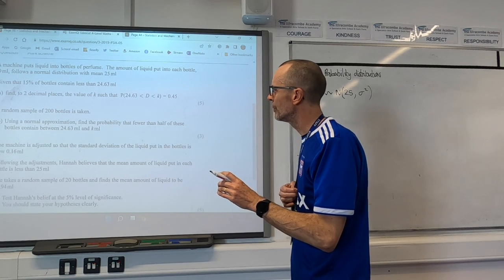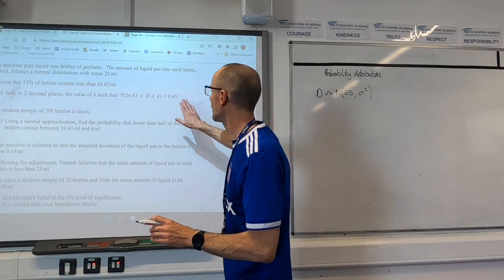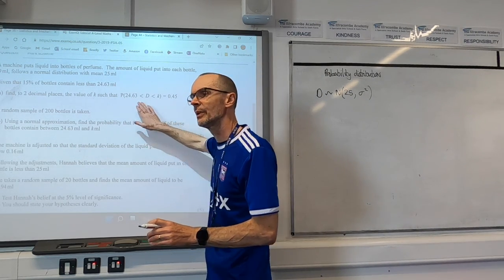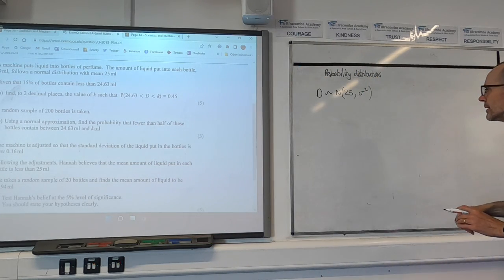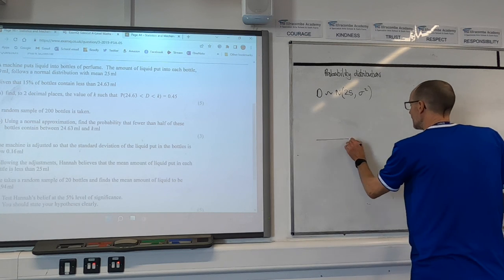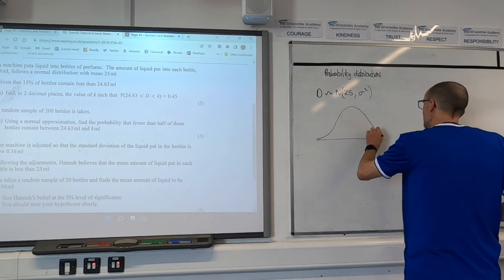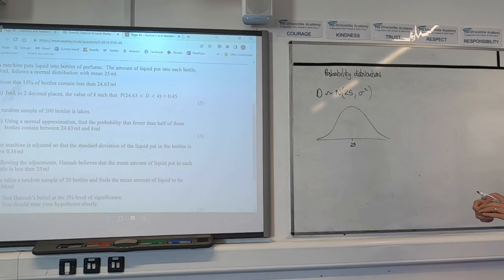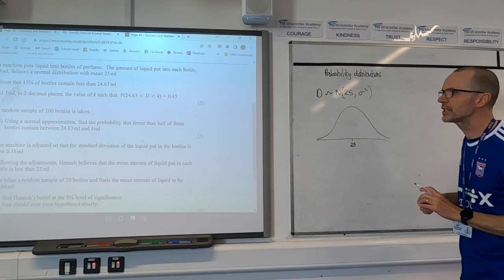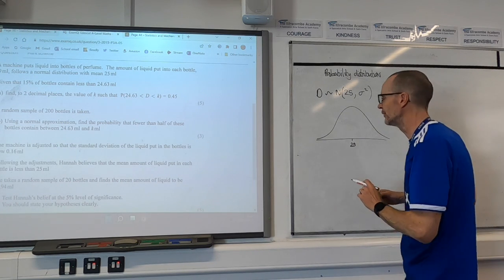But we need the standard deviation in order to answer an inverse question like this one. So we've got to work out the standard deviation. So this is the probability distribution for this one. And we're told that 15% of the bottles contain less than 24.63.